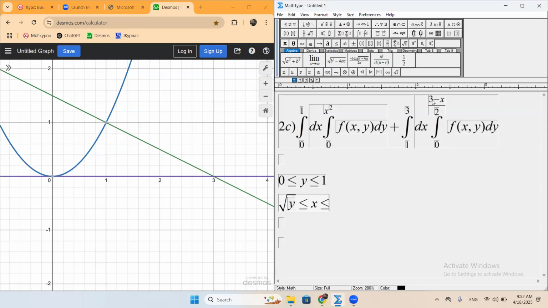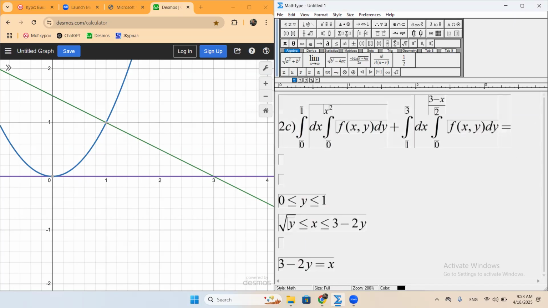And also we need to solve this expression for y. This expression equals y, and x equals 3 minus 2y. So done with the limits of integration.